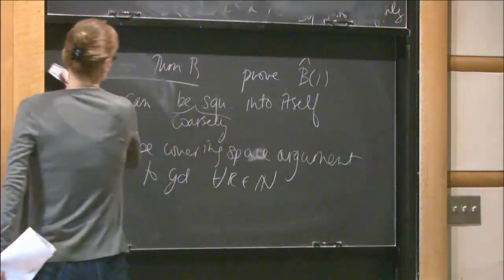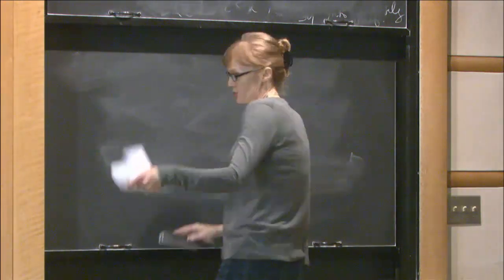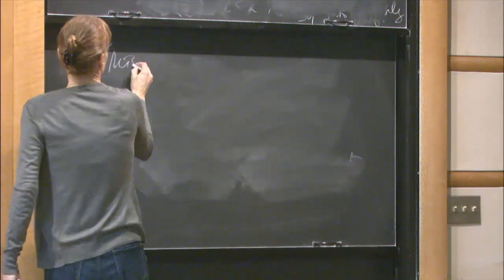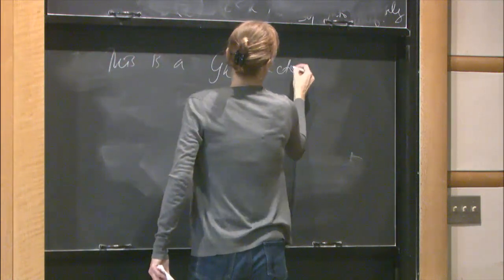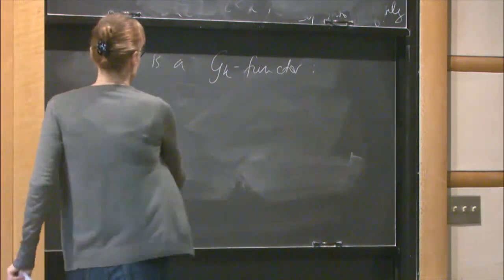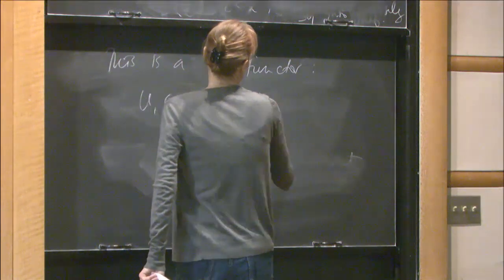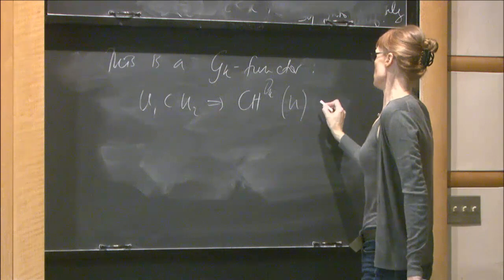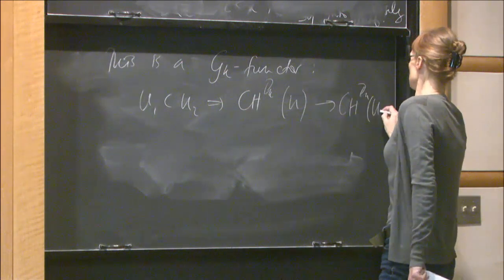Okay, so the key property of this invariant, as mentioned there, is that it's a G functor, or actually GK functor. And concretely what I mean is we have U1 contained in U2. We have this contact homology of U1, and a morphism from that into contact homology of U2.